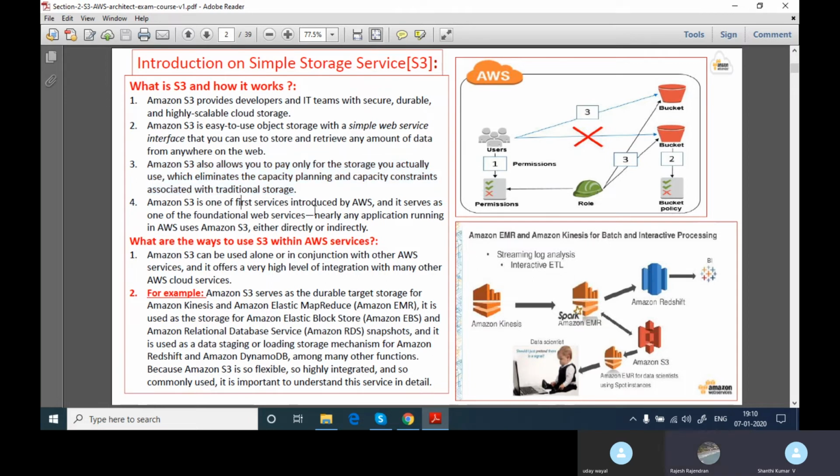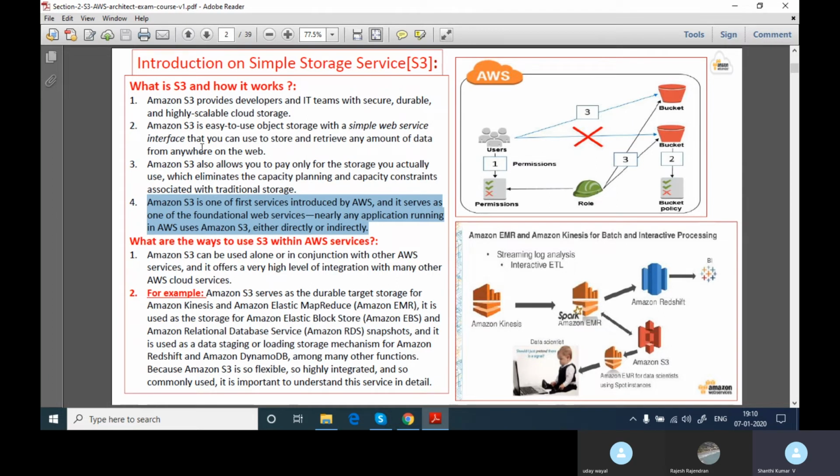S3 is one of the first services introduced by AWS, and it serves as one of the foundational services; nearly every application running in AWS uses Amazon S3, either directly or indirectly. Basically, Amazon's original business was related to transportation, a kind of courier business. They started like that in the beginning, then later on they converted into the storage area.